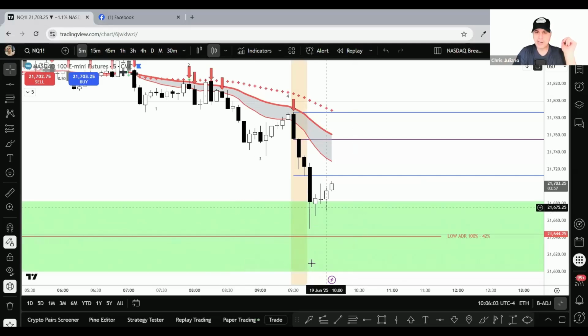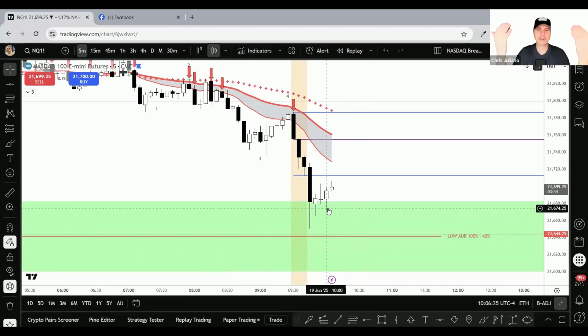So with a lot of buyers coming in, for price to continue moving up, there has to be zero selling going on. That's really amazing stuff.